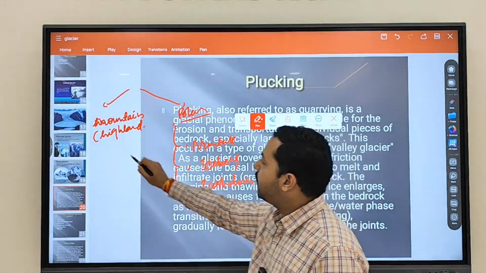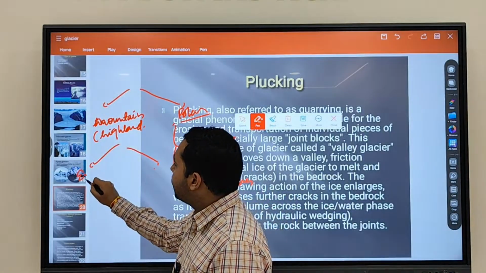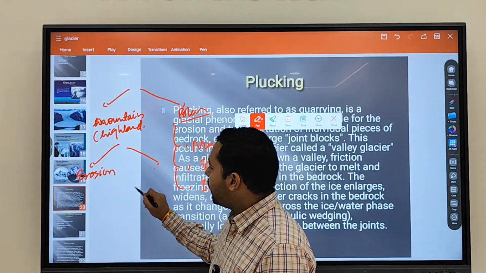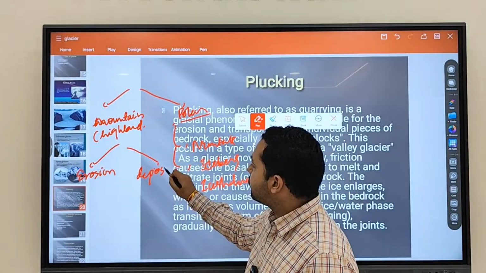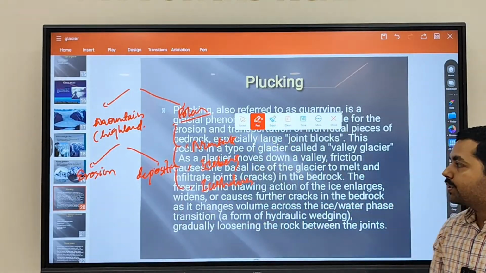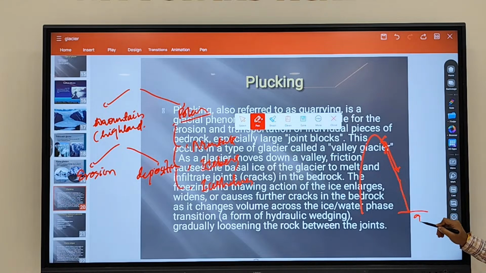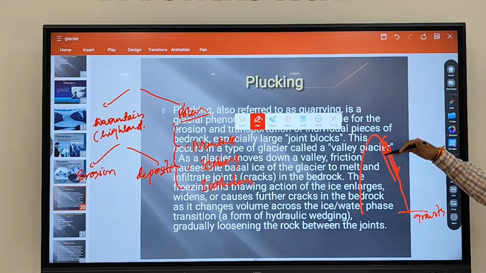And in the highland part, we discussed when glacier is moving down, it can create what? It can create erosion also, and it can create deposition also. So where will erosion happen? When glacier is moving from the top, there erosion will happen because it is moving under the influence of whom? Gravity. So glacier is moving under the influence of gravity. So here the glacier will erode. But when glacier comes to the lower part, what will happen?